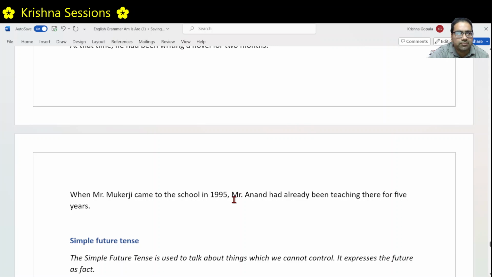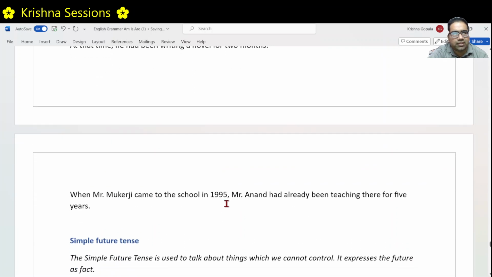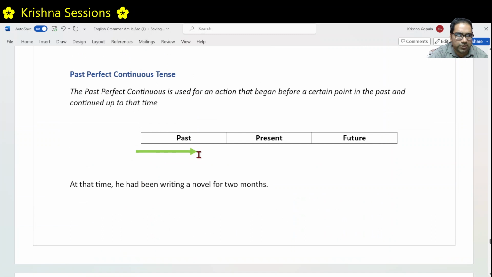When Mr. Mukherjee came to the school in 1995, that is this point. Mr. Anand had already been teaching there for 5 years. That was this point. There was a continuity. This Anand was teaching for the past 5 years prior to that 1995. That was a continuity. So there is a point here, and then prior to that point, there was something continuous.